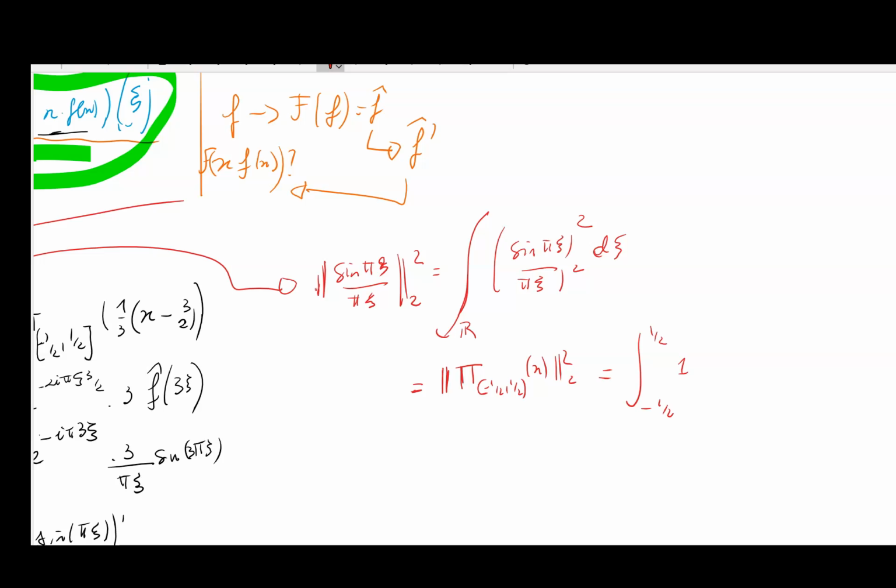That's why I reduced my interval of integration to this interval. And so that's 1 squared, but it's just the integral of 1 dx. So that's the constant function 1 on an interval of size 1, so this is equal to 1. That complicated integral was actually equal to 1. Nice, isn't it? Okay, good.